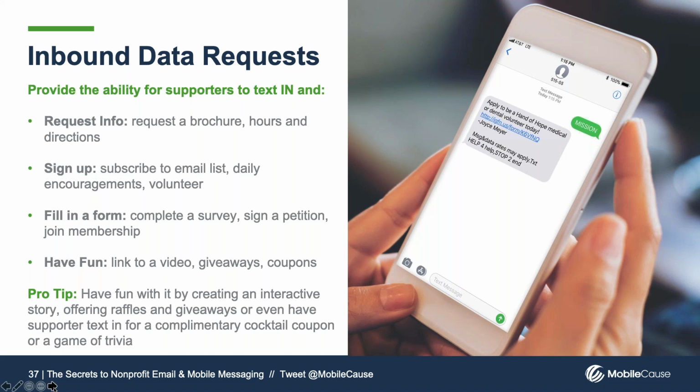You can have them sign up to subscribe to your email list, get daily encouragements and reminders, and learn more about your volunteer opportunities. You can have them text in to provide you some additional information. So maybe that's completing a survey, signing their name to a petition, or becoming a member of your organization.